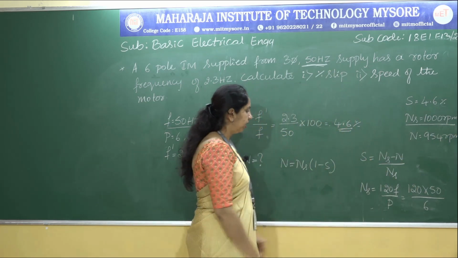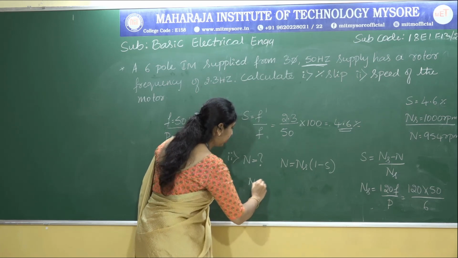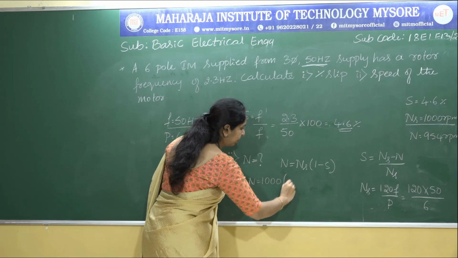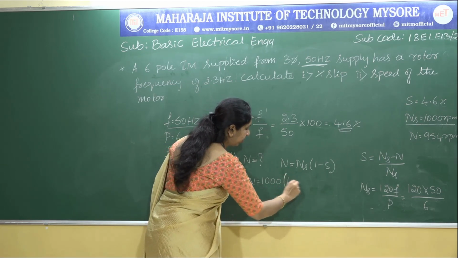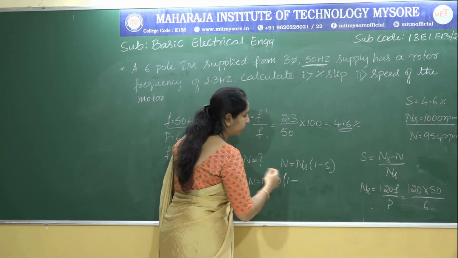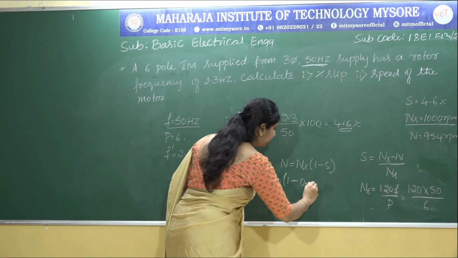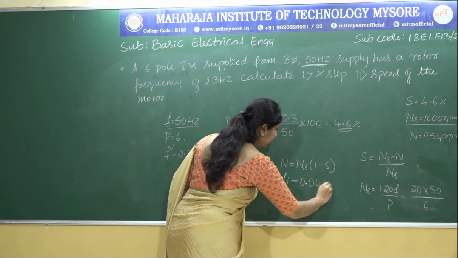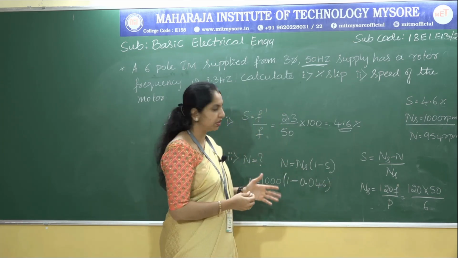Substitute these values: N is equal to Ns, which is 1000 RPM, into 1 minus S. What is S? S is equal to 4.6%.